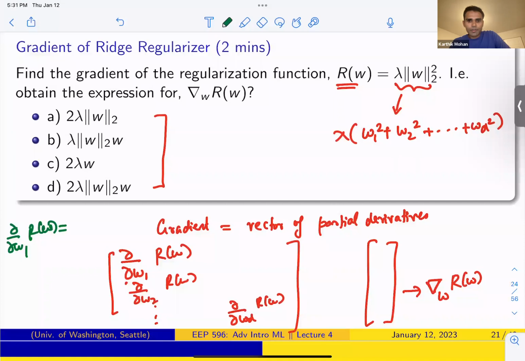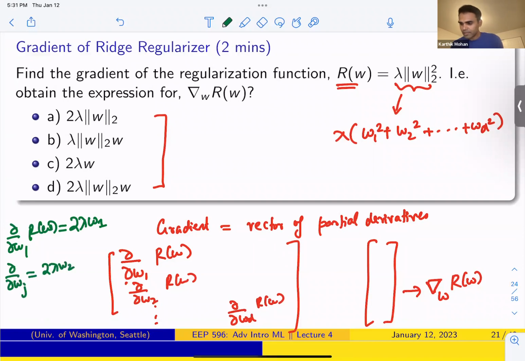If someone wants to call it out. 2 lambda W1, yep. Because you're taking the partial with respect to W1. And the same holds true for anything. Like say Wj, it's 2 lambda Wj.